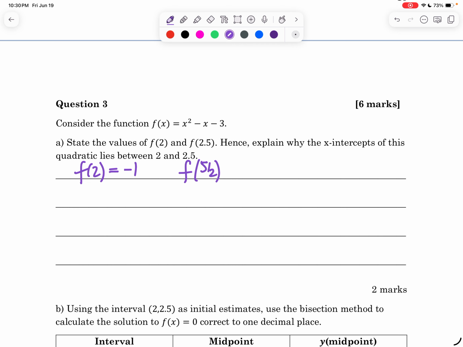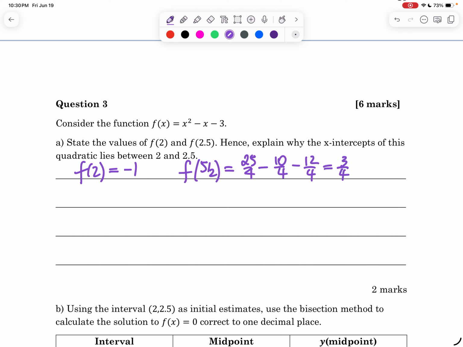F of 5 on 2, 2.5, is 25 on 4, minus 5 on 2, which is 10 on 4, minus 12 on 4. So we end up with 3 on 4.